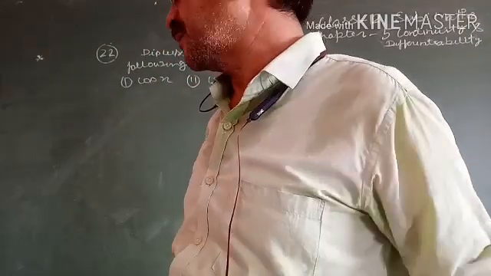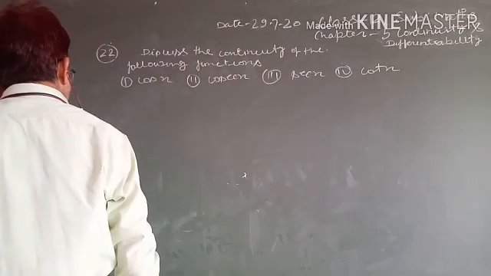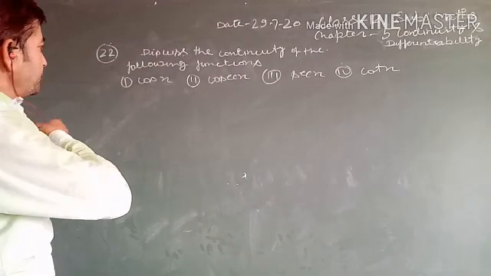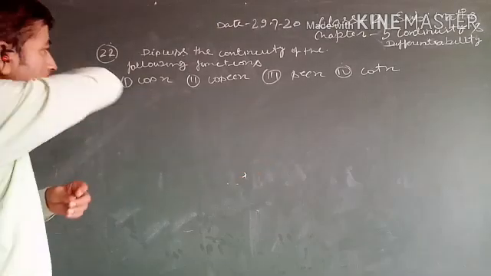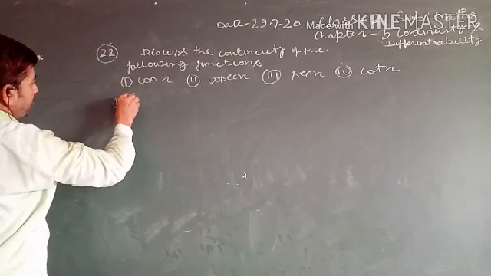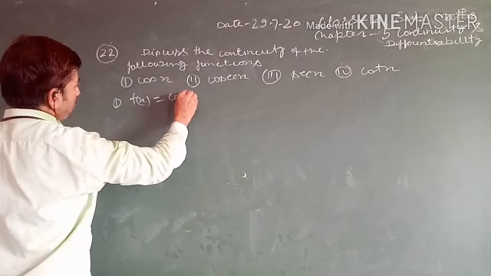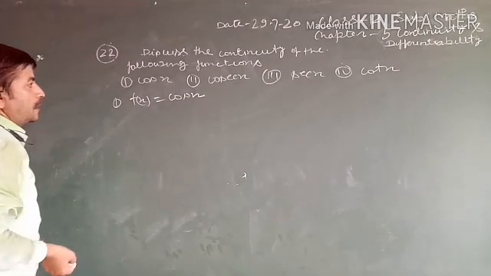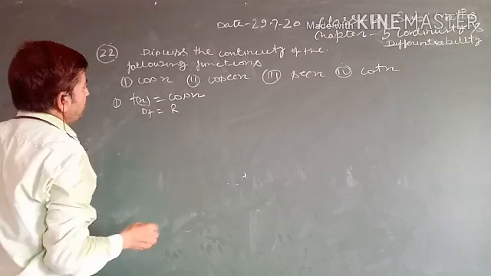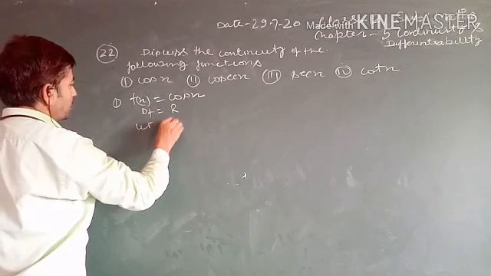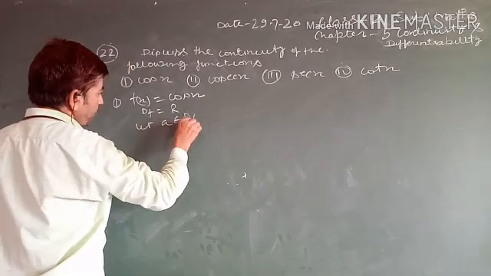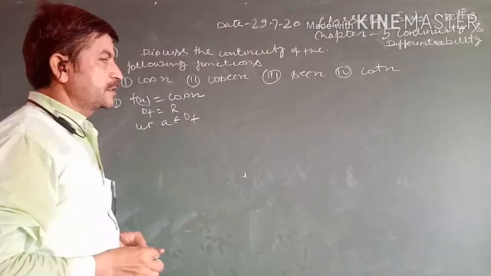In this question, we have to show continuity of these functions. First, let f(x) equal to cos x. Its domain is the set of real numbers. Let a belong to the domain of the function.